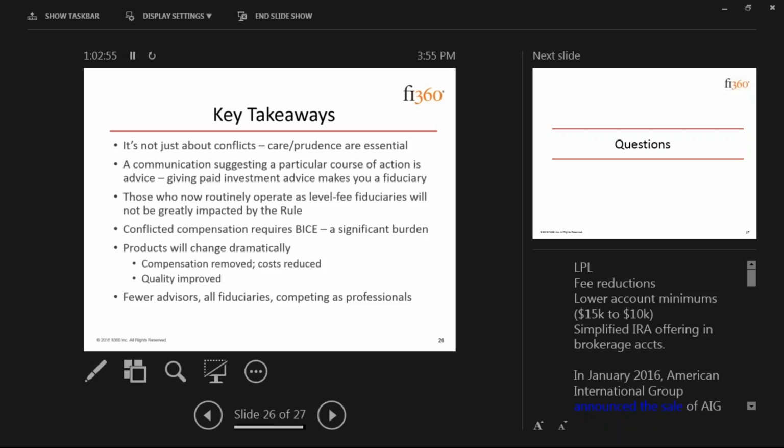Bottom line, and some of the trend here has already started, but moving forward, we'll probably continue to see fewer advisors, everybody being fiduciaries, or certainly many, many more being fiduciaries than were held to that standard in the past, but also all, I believe, competing as professionals. And I guess the final comment I would make is, I do believe that there is significant opportunity with this rule.